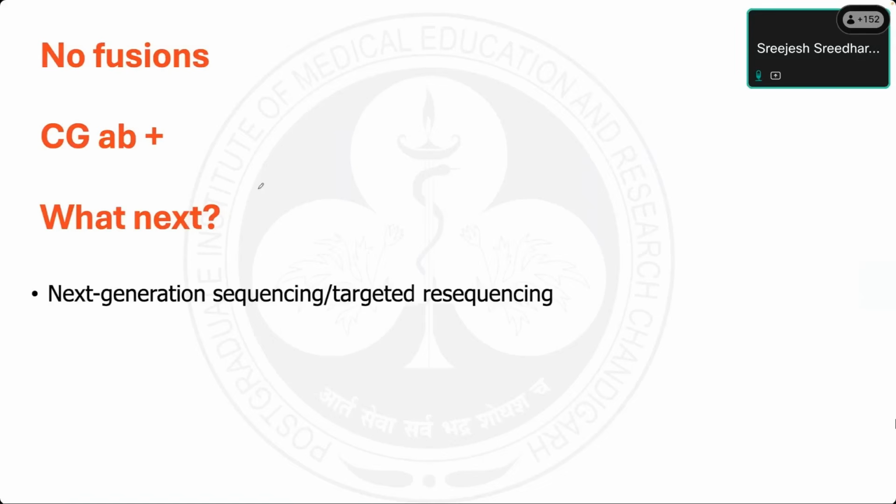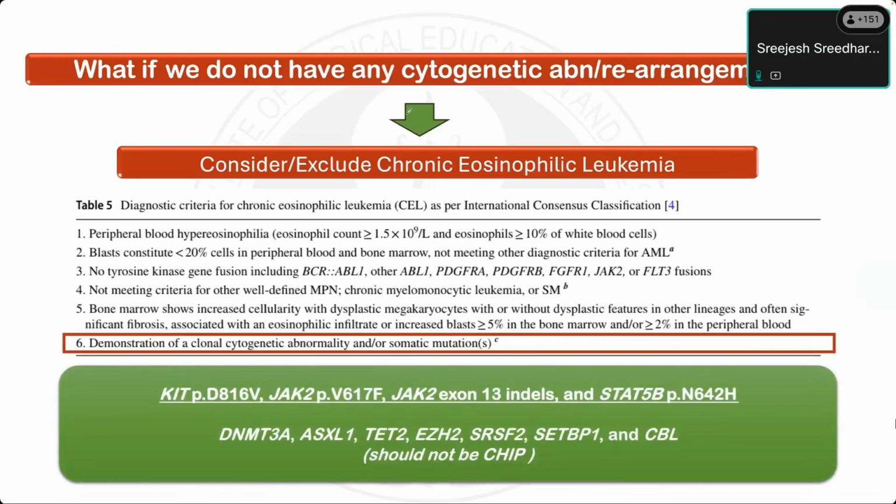So what next? Since the fusions are not present, we should go for NGS in this case for completion of the workup. Why? Because the diagnosis of chronic eosinophilic leukemia becomes a priority at that point, because we have excluded the majority of the well-defined myeloid neoplasms like CML and myeloid lymphoid neoplasms with eosinophilia and tyrosine kinase fusions.